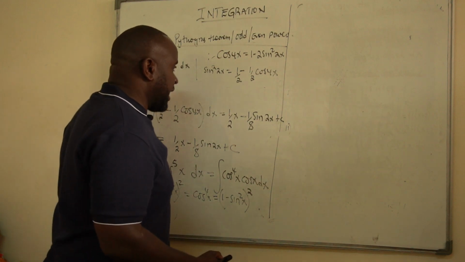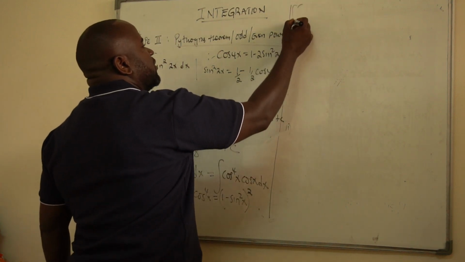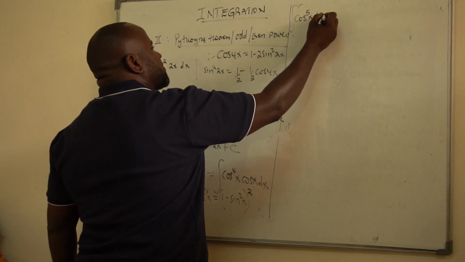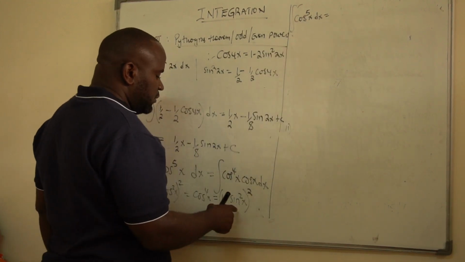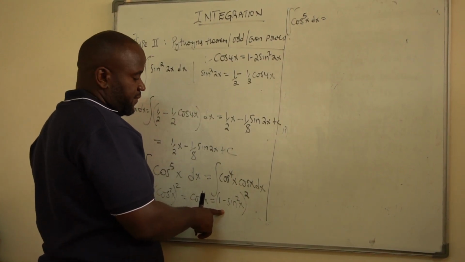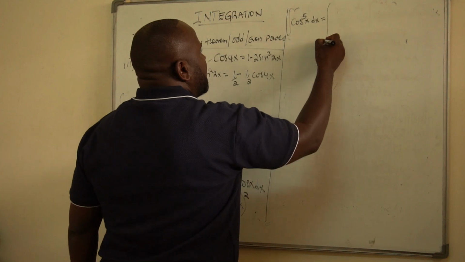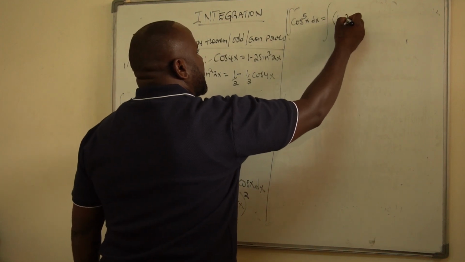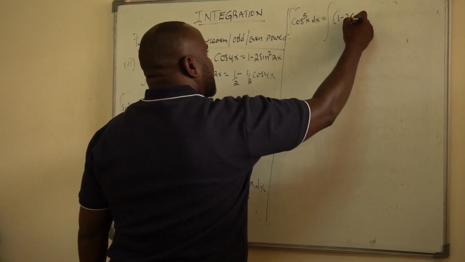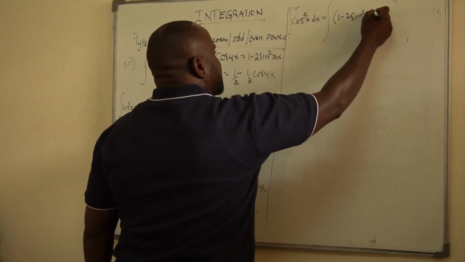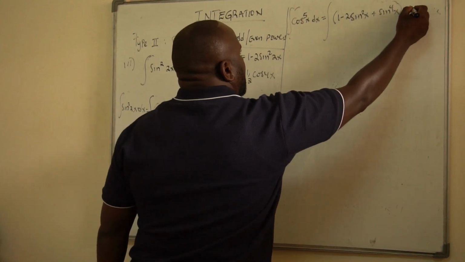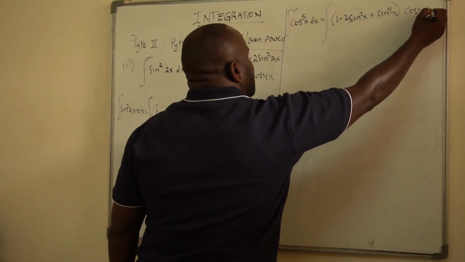For that, I can now go further and say the integral of cos to the 5th of x with respect to x is going to be, cos power 4 is the same as this, and I can expand it. When I expand cos to the power 4, I'll have the integral of 1 minus 2 sine squared of x plus sine to the 4th of x, times cos of x dx.